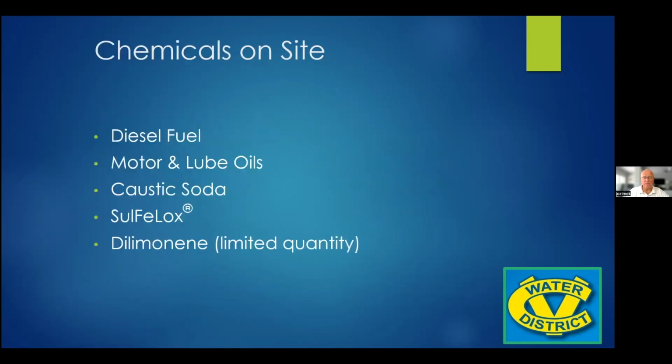The chemicals on site, you may not be exposed to each one of these because some of them are unique to specific sites, but they are at all the sites that you go to, possibly. Diesel fuel, motor and lube oils in some of the fueled equipment, caustic soda, sulfalox, and dolomiline, which is a safety solvent that I understand you use on a limited quantity.